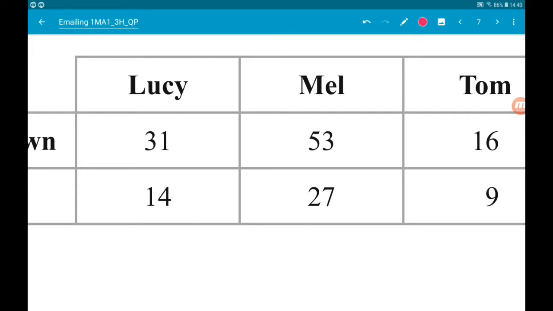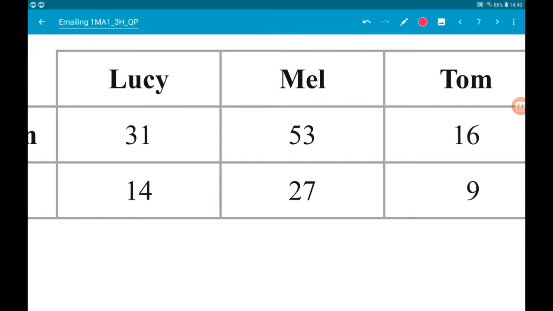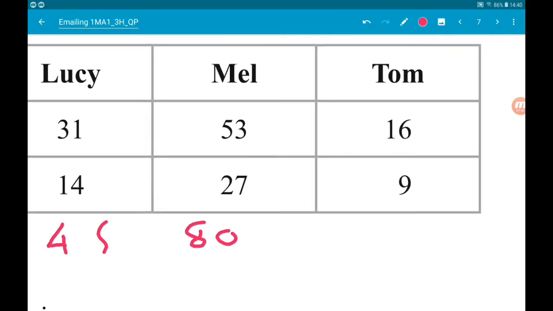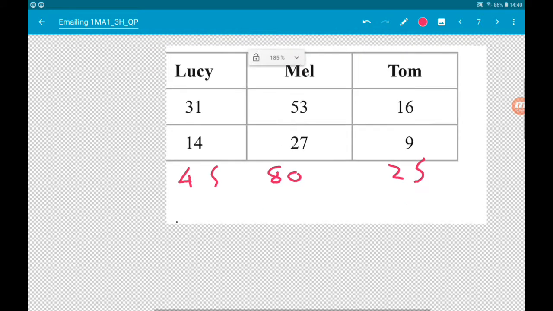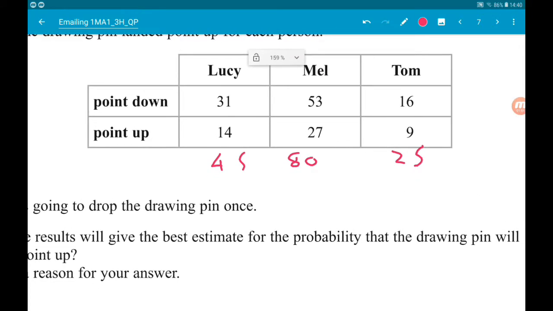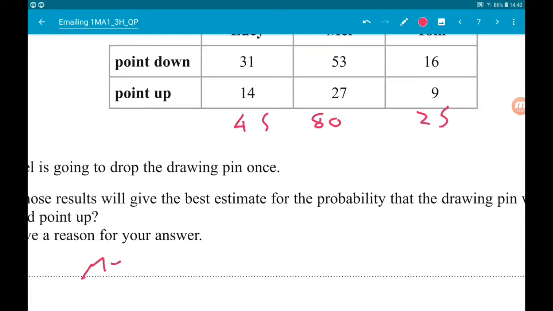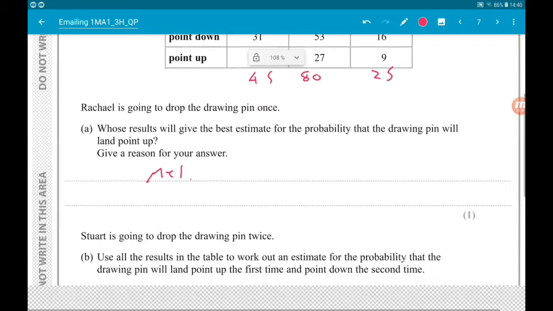Whoever did it the most times gives us the best estimate for the probability. So Lucy is 45 times, Mel is 80 times, and Tom is 25 times. So Mel dropped the pin the greatest number of times, so Mel, and the reason would be she dropped the pin the greatest number of times.